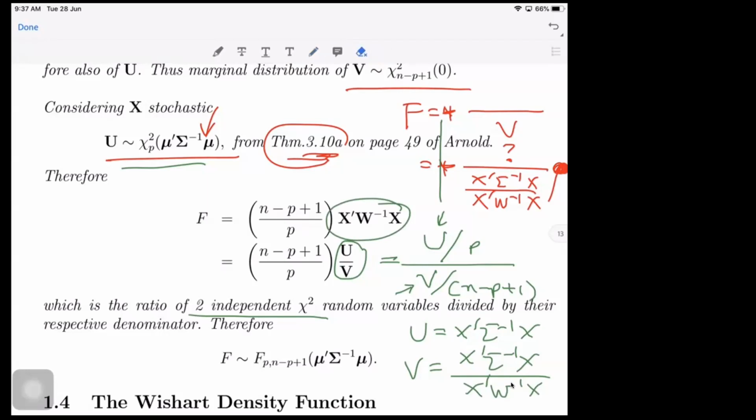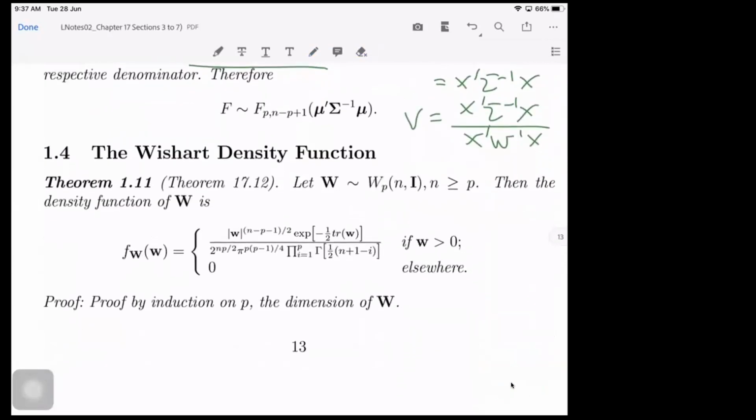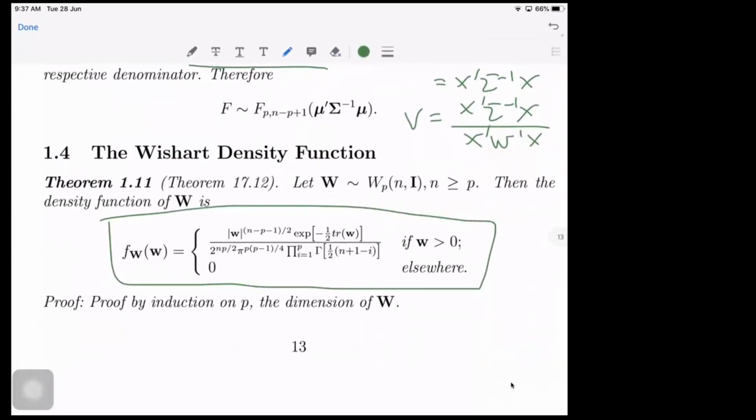Okay, so that's it for the F statistic, and recall that you can write the Hotelling's T square in terms of F. Okay, so this is the probability density function of your Wishart distribution.